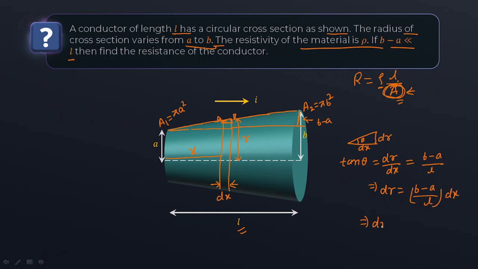So dx will be equal to L divided by B minus A into dr, yes or no?